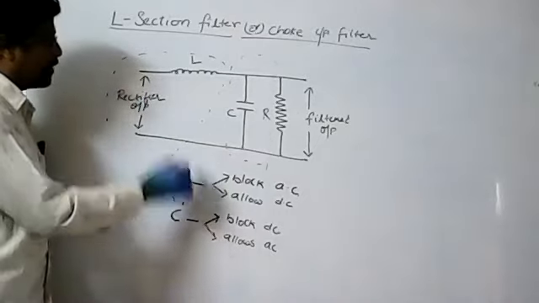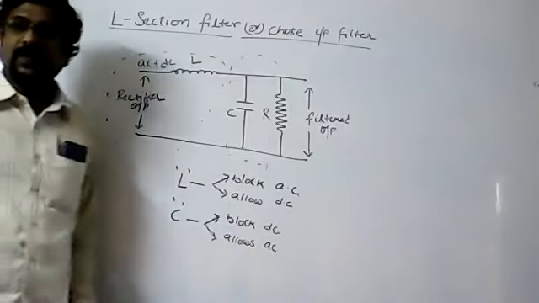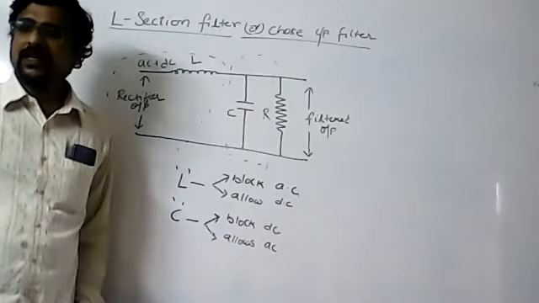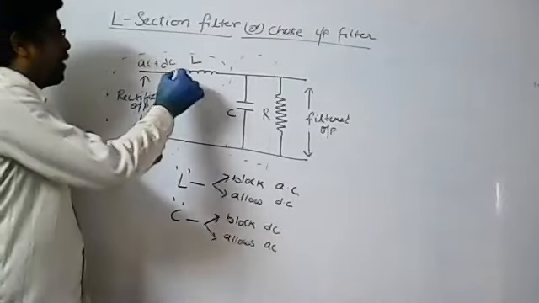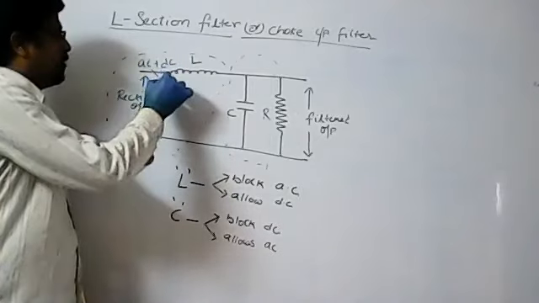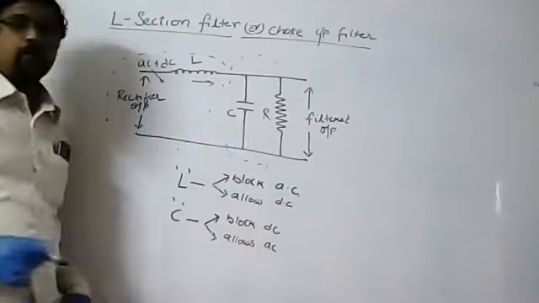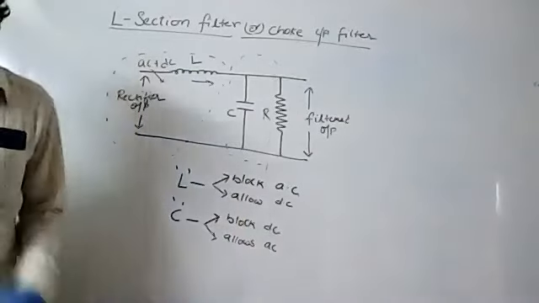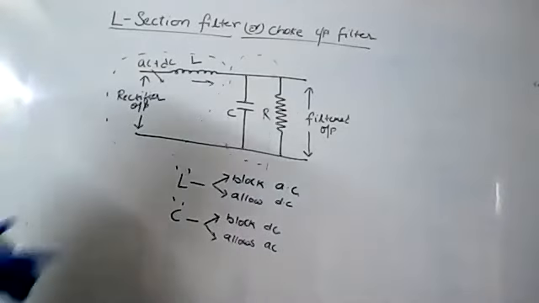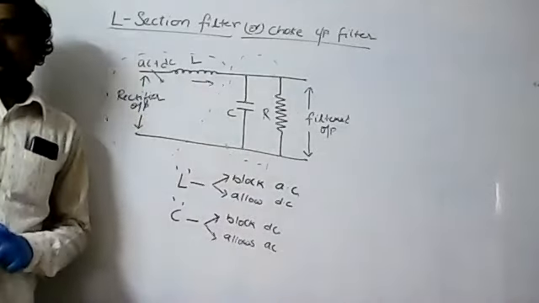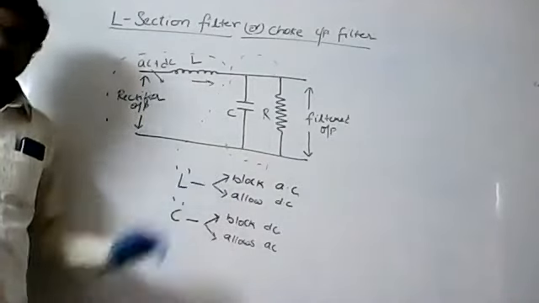Here I will get AC plus DC. The inductor will block AC and allow only DC. So the inductor will block AC and allow DC.